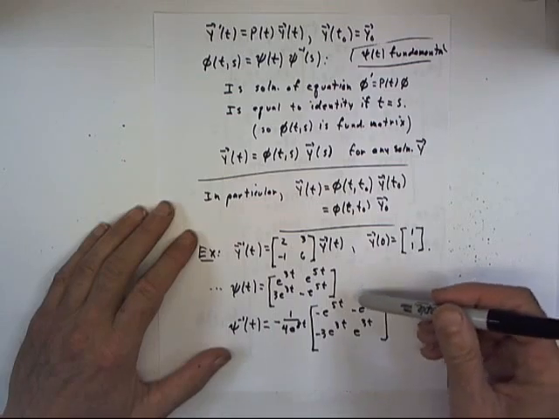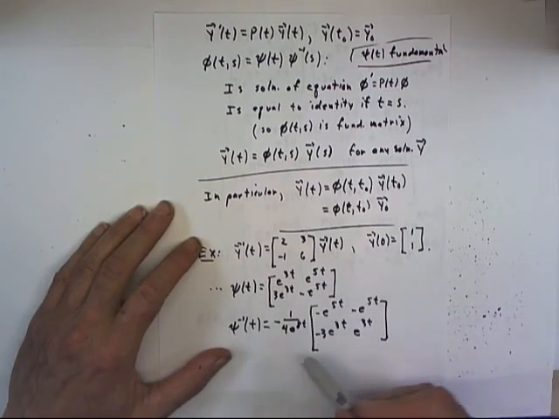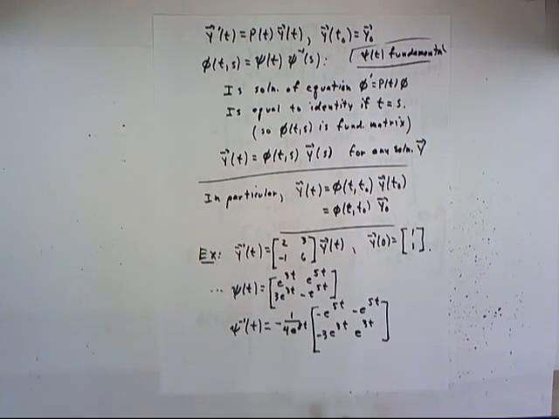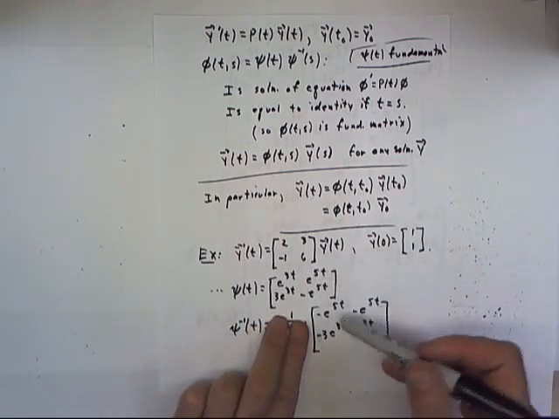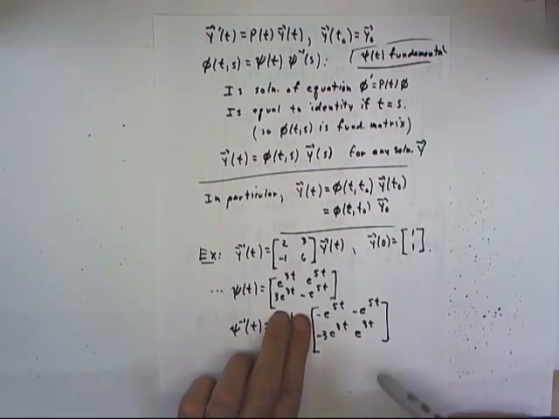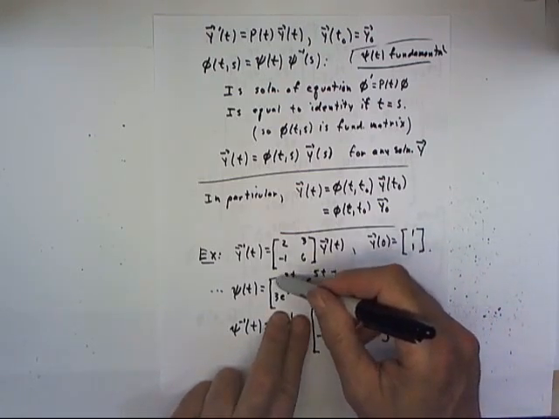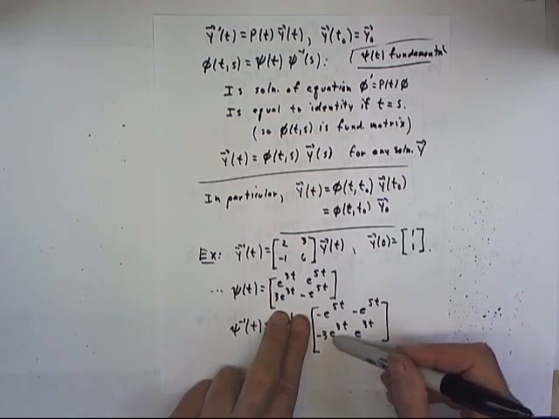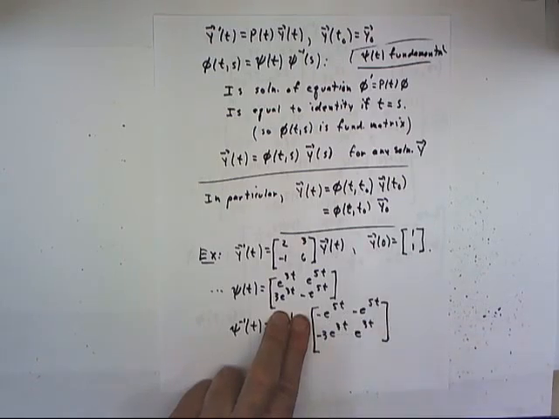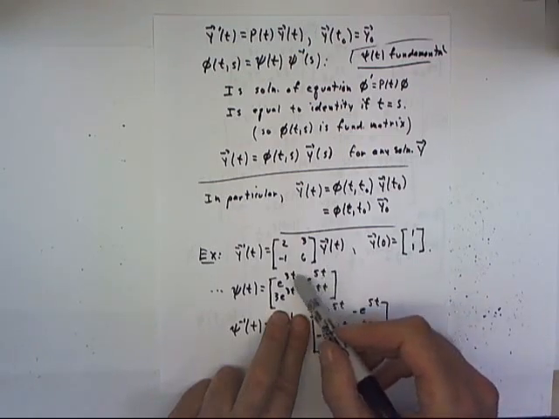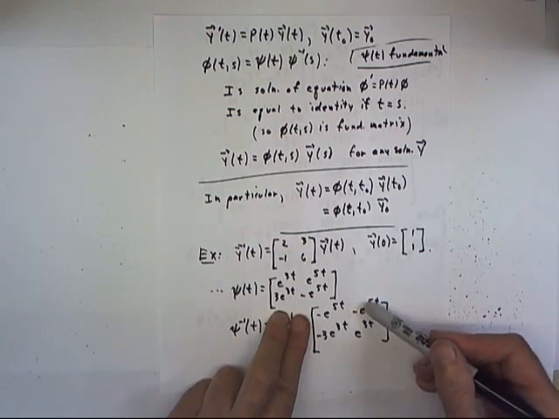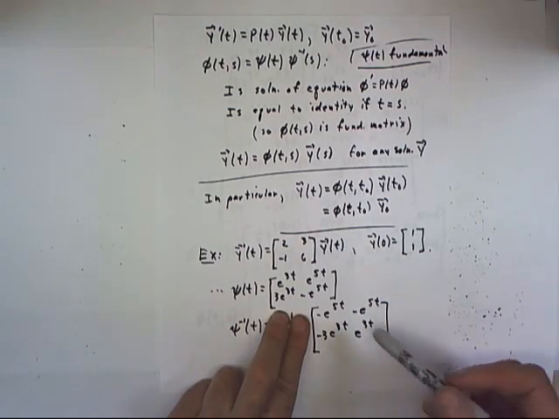In any case, the inverse of this matrix is the reciprocal of the determinant multiplied by these entries. If we multiply the two matrices, ignoring the constant out in front for the moment, this by this gives negative 4 e to the 8t, and this by this gives 0.